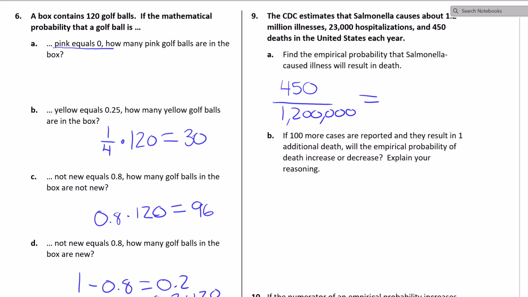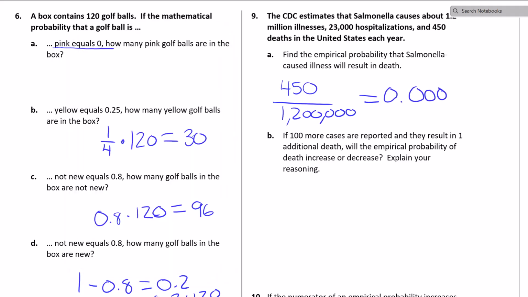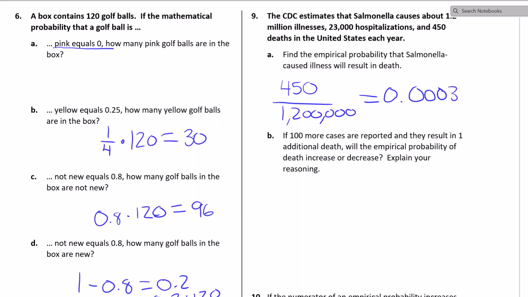Unfortunately, this means we have to calculate the last one. Let's do it. That's pretty small. How many zeros was that? 375, like that. That's our probability as a decimal. This is not a percent. If you wanted to make it a percent, you would have to move the decimal over twice and put a percent sign on there.